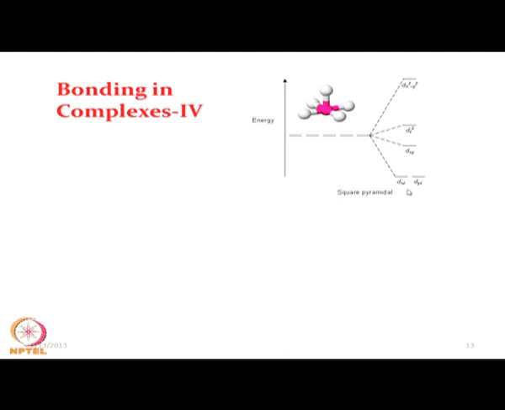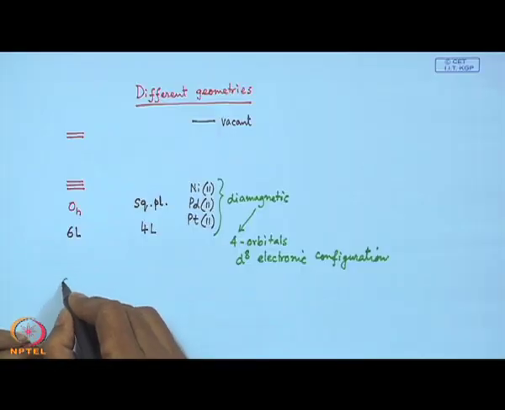So, not only square planar geometry, but also the square pyramidal geometry for these metal ions can give us diamagnetic compounds. So, we should all be able to write the corresponding electronic configuration in this particular geometry. If we are going to write it, how can we write? We can write it in square planar to square pyramidal.